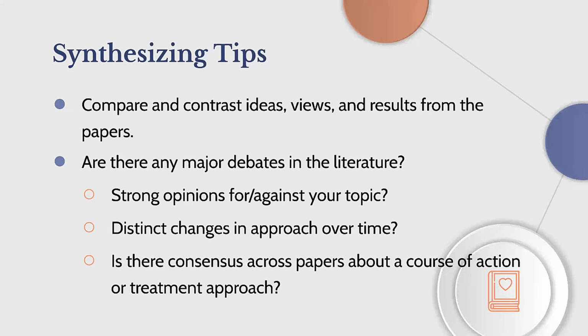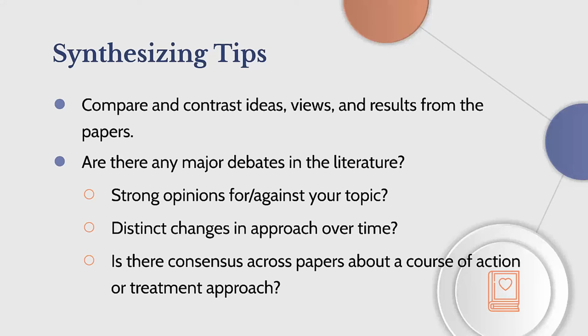Are there any major debates in the literature, strong opinions for and against whatever topic you're talking about? Are there any distinct changes in the way that researchers have approached the topic over time? Maybe some major technological invention became commonplace and now everyone does it this way.